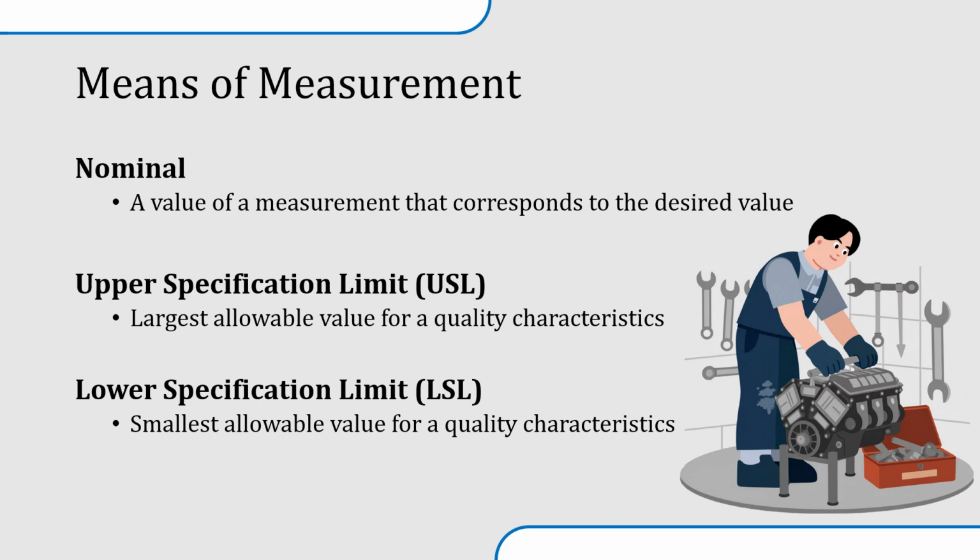So if your tolerance is, say, 1 inch, which is extreme because that would be quite a variety of diameters, the upper specification limit would be that nominal 5 plus 1, making it a 6-inch diameter, or the lower specification limit being 5 minus 1, being 4 inches. So you would accept a diameter from 4 to 6 technically.